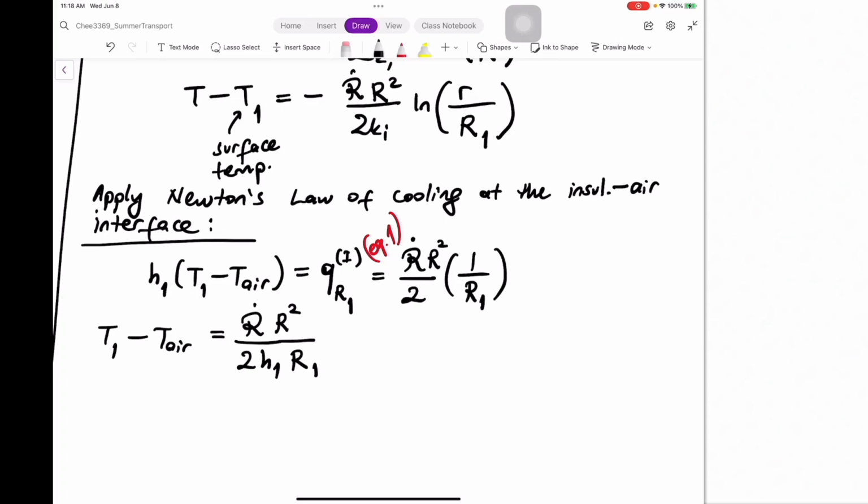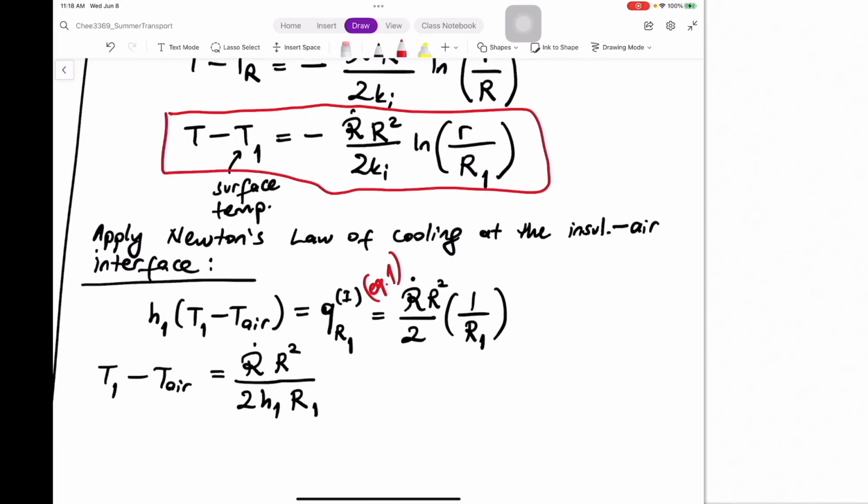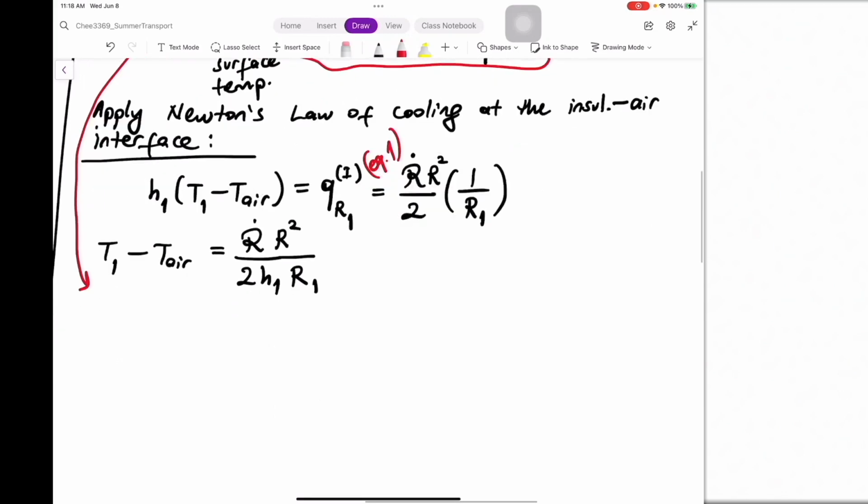Okay, good. So that's T1 minus T air. We got it. And here T minus T1, you can write it down here as well. The reason I'm writing it like minus is because I'm going to be able to cancel those things, right?